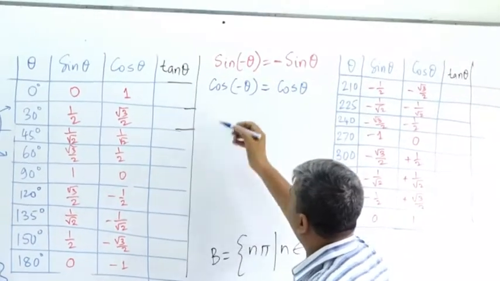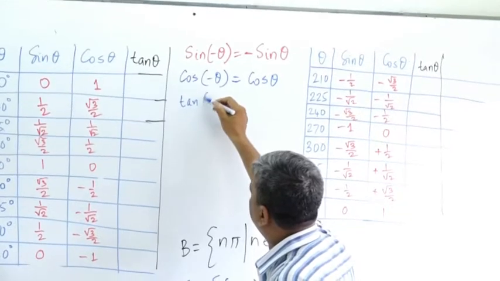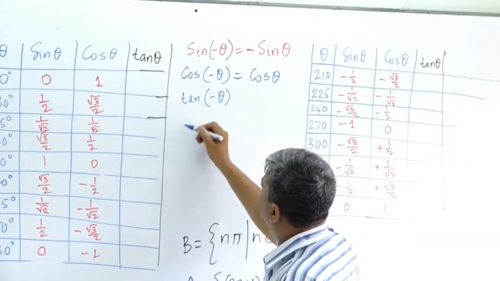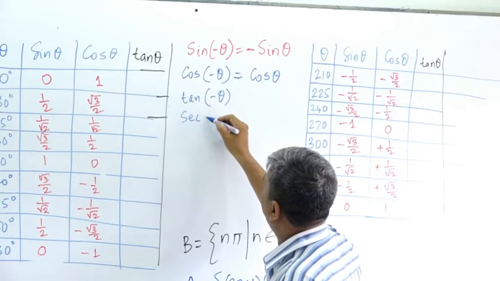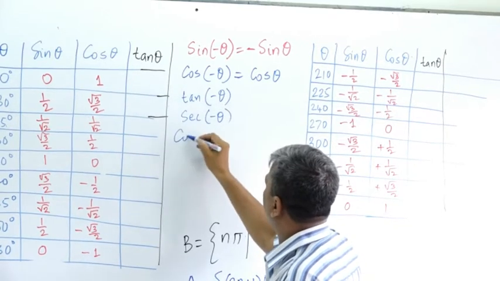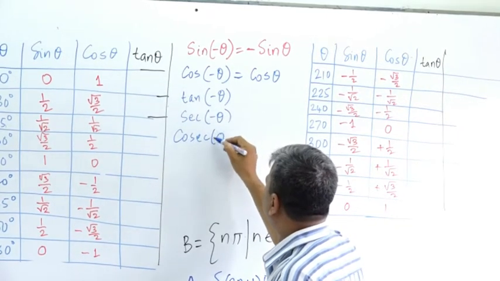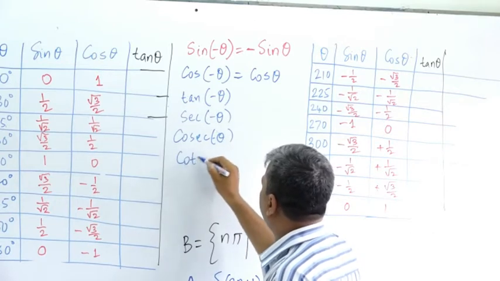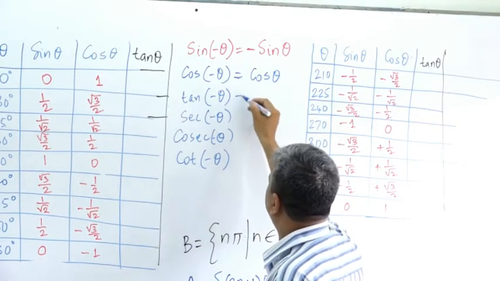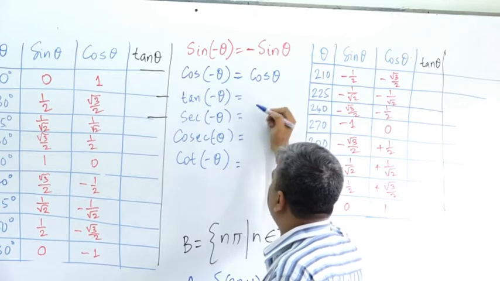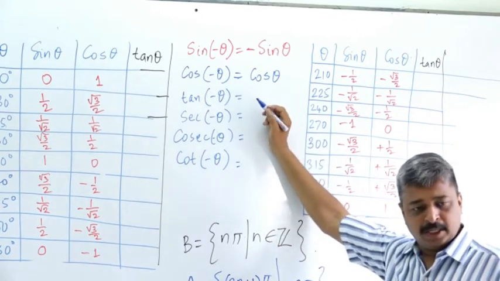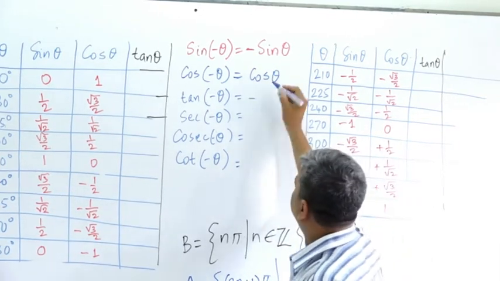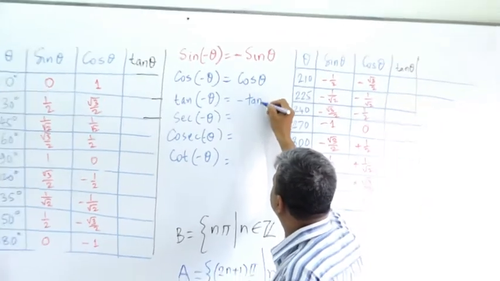And if I have these two, then can I write tan of the opposite of theta, sec, cosec and cot of the opposite of theta? Yes, tan of the opposite of theta is the opposite of tan theta.